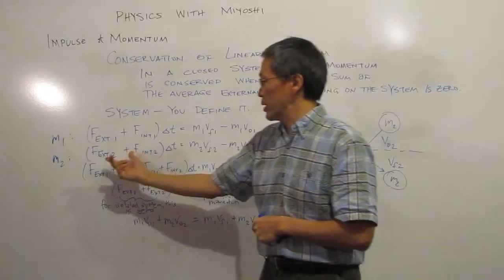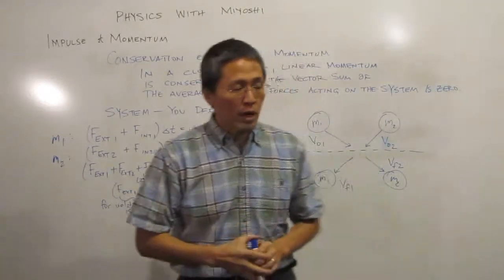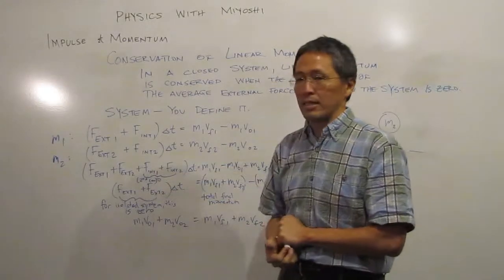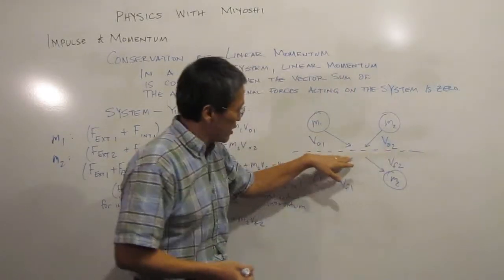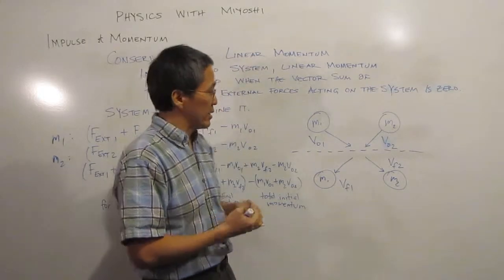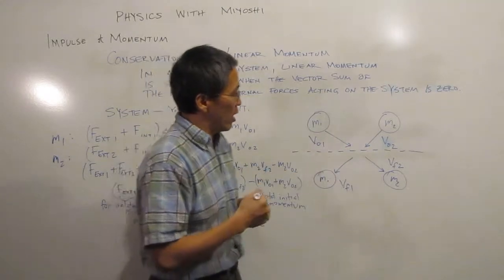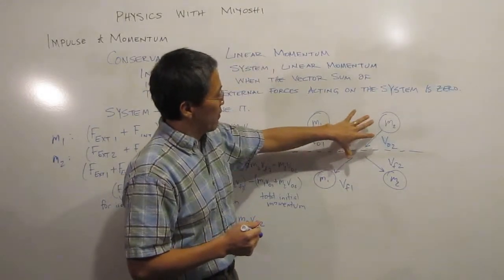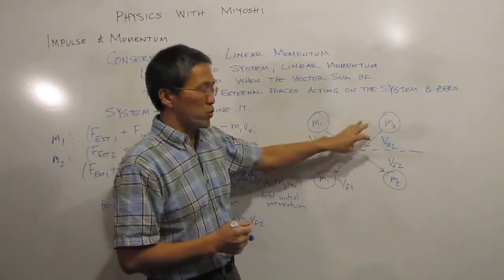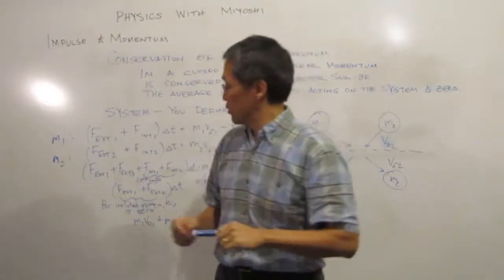Now, why do we look at the external forces versus internal forces? The reason is that the internal forces are anything acting on each other. At the time of collision, when they're actually touching each other and pushing on each other, if our system is defined as the two objects, then those two forces acting on each other have to be equal and opposite, based on Newton's third law.